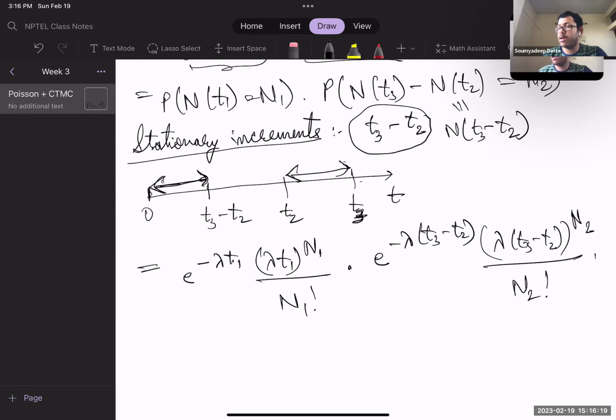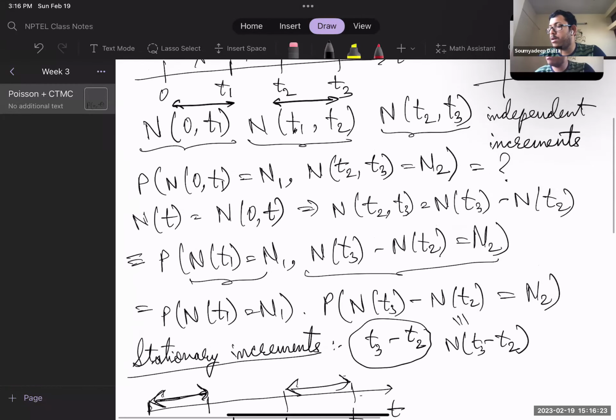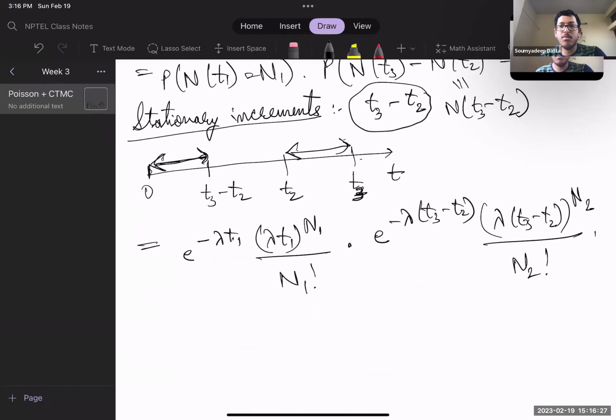So this is how we'll compute these kinds of probabilities. And that's a key trick really. You have to understand these two properties of independent increments and stationary increments. Is this clear? I can go over this again because these two properties are really important for a Poisson distribution. If you understand this, you can solve any problem of this type. Any questions?